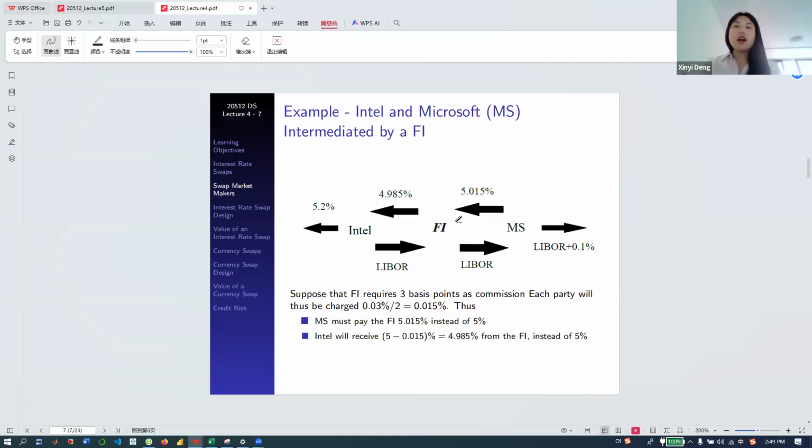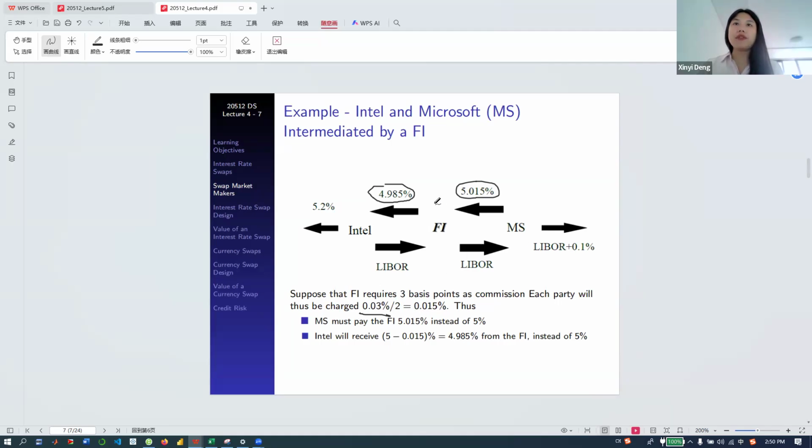Here we are splitting that commission between Intel and Microsoft. In this example, the financial institution requires 3 basis points, that's 0.03%, and that commission is going to be split between Intel and Microsoft.